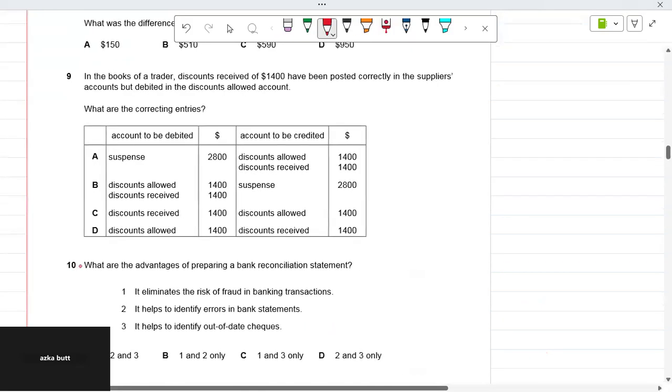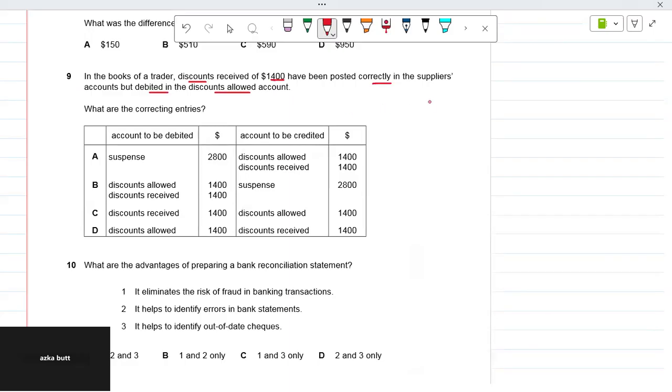Okay, now let's see question number 9. Okay. So in the books of a trader, discount received, which is $1,400, has been posted correctly in the supplier's account, but debited in the discount allowed account. Okay.